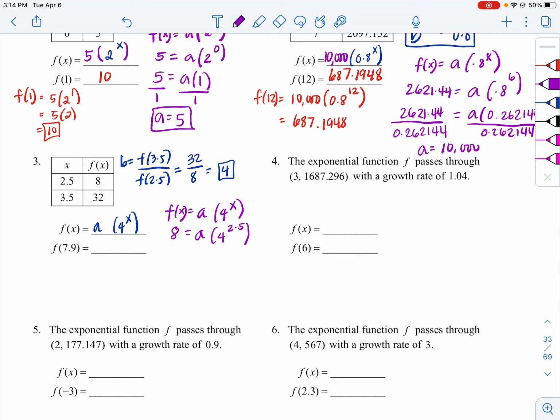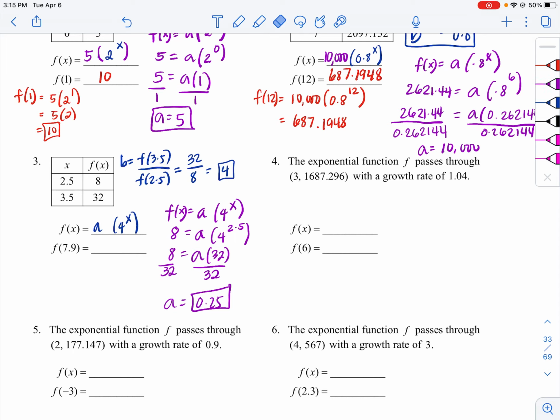There you go. And so I'm going to solve what is 4 to the power of 2.5. So 4 to the power of 2.5 is going to be 32. So divide 32 on both sides. Your a is equal to 1/4 or 0.25.